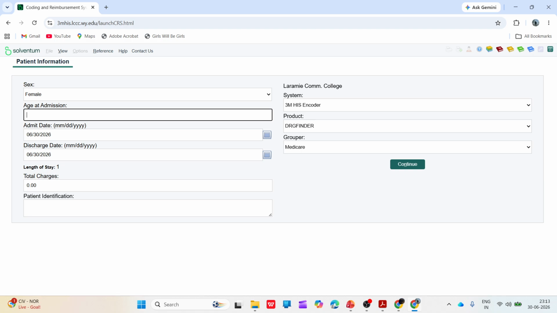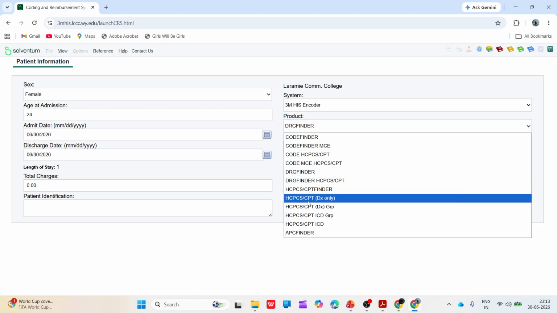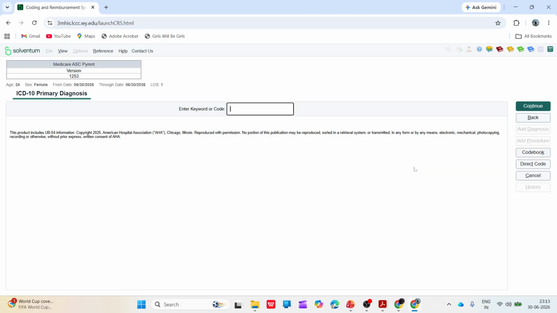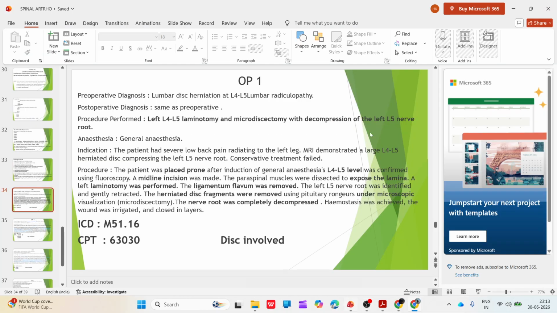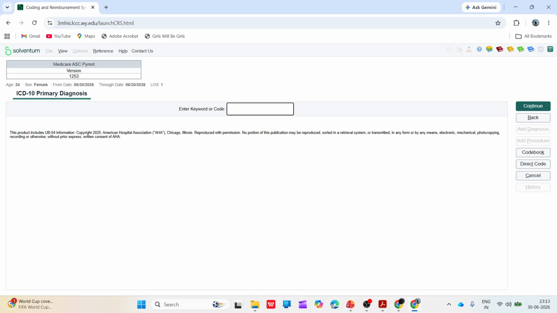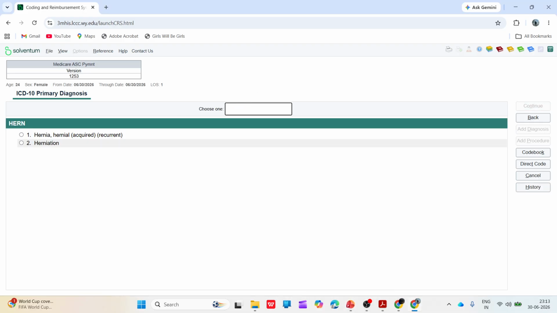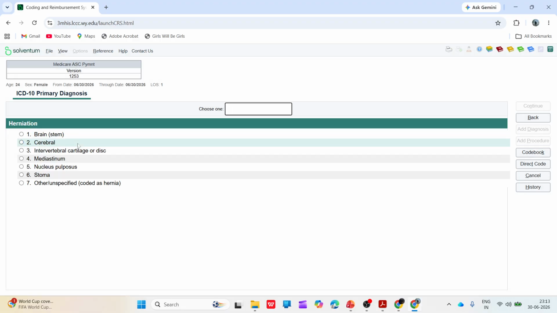For example, the patient is 24 years of age at admission. So here, what is the ICD? Lumbar disc herniation. So we will navigate by the term herniation. After that, there is a disc involved.